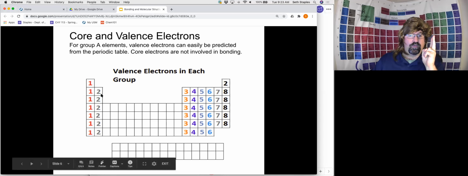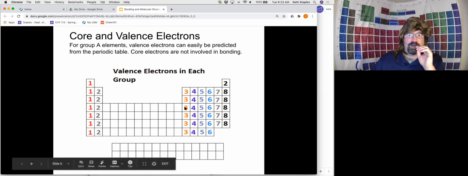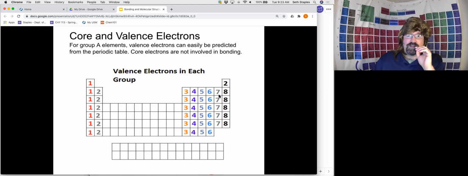Alkaline earth metals, 2 valence electrons. 1, 2, then we skip. Everything in the aluminum family, so to speak, 3 valence electrons. Carbon family, 4, 5, 6, 7, 8, with the exception of helium.